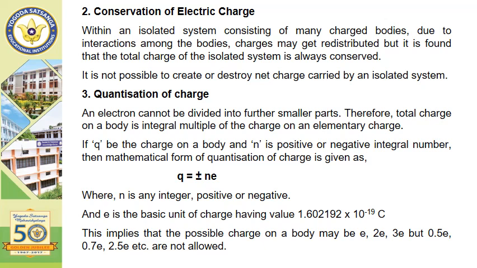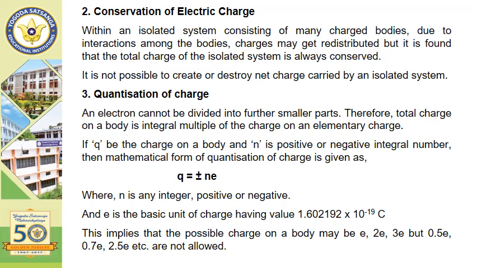That means that whenever there is a transfer of charge, the electron, the charge particle, will be transferred in complete form. There will not be any fractional part that gets transferred from one body to another. So this is the meaning of quantization of charge.